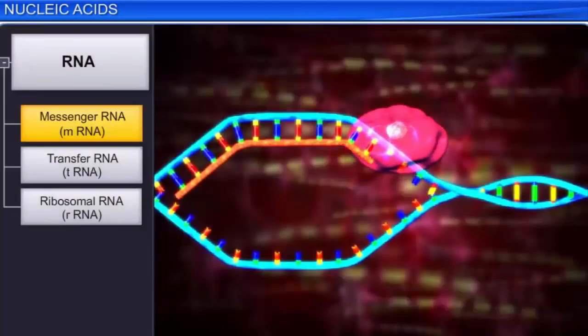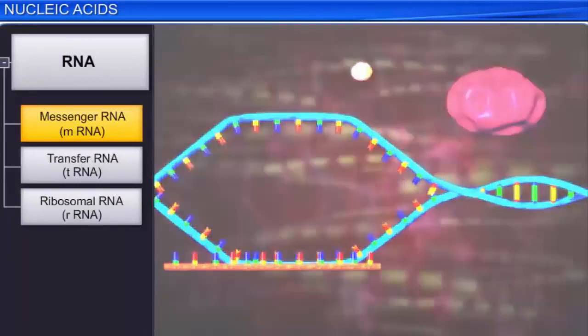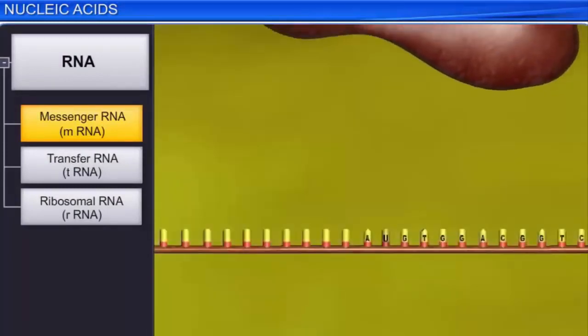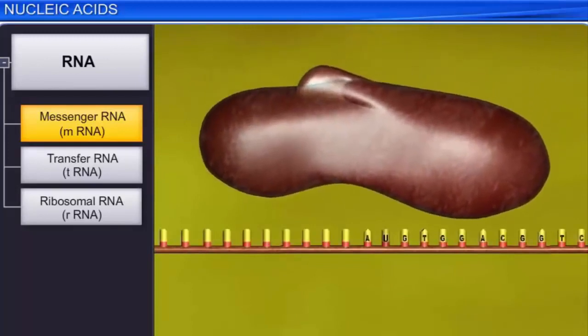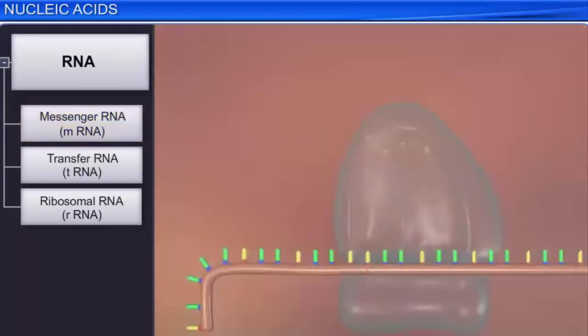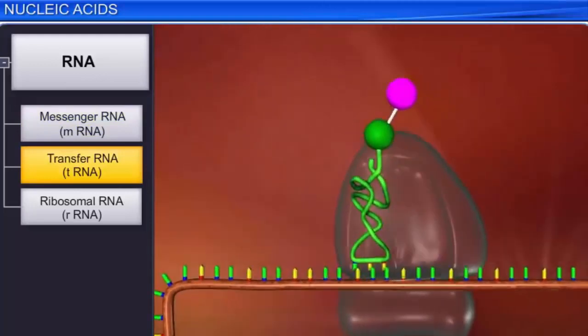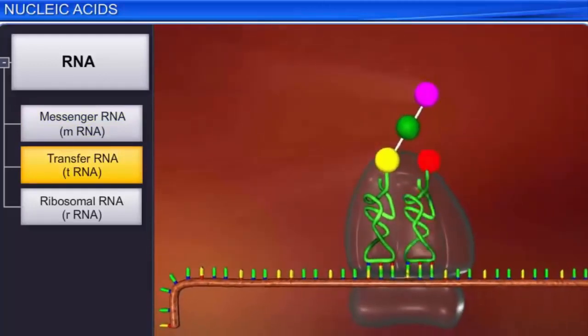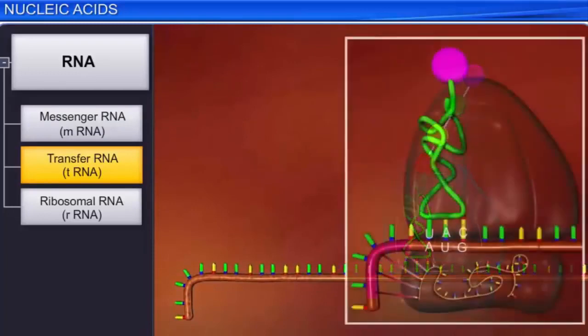Messenger RNA carries genetic information from DNA to ribosomes for the synthesis of proteins. Transfer RNA brings amino acids to the messenger RNA. Ribosomal RNA is the RNA component of the ribosome where proteins are synthesized in the cell.